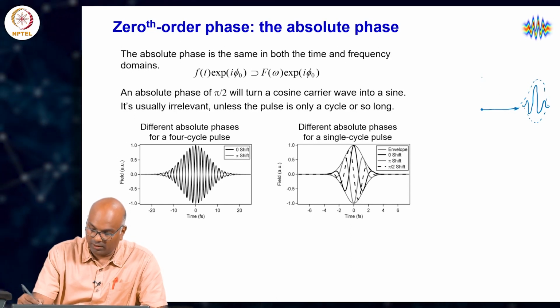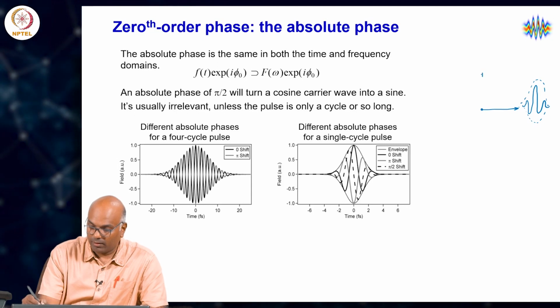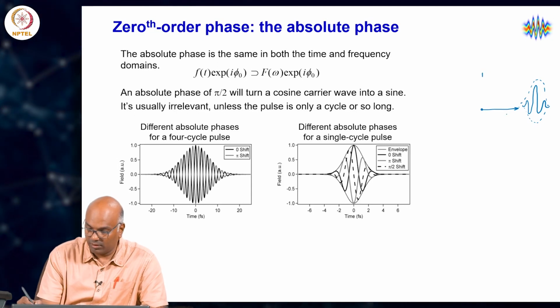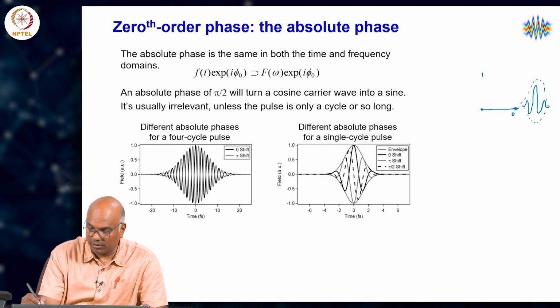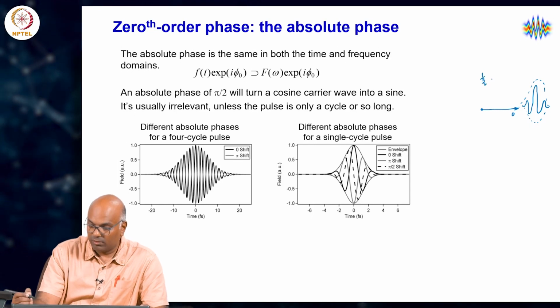And if I consider now a pi shift, here the shift is 0, here the shift is pi over 2.